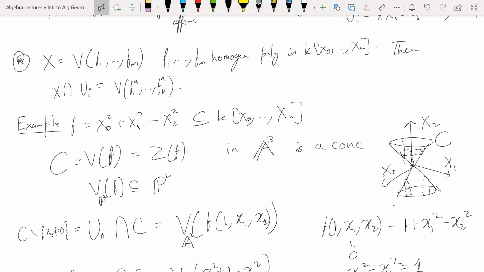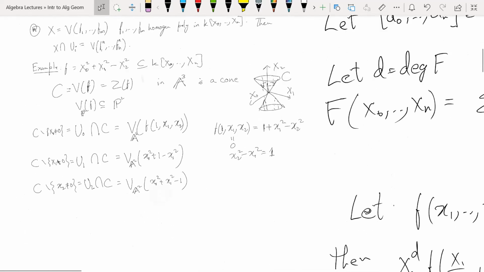So projective space is made of affine spaces, and algebraic subsets in projective spaces are made of algebraic subsets in affine spaces. We'll define projective varieties, which are made of affine varieties.